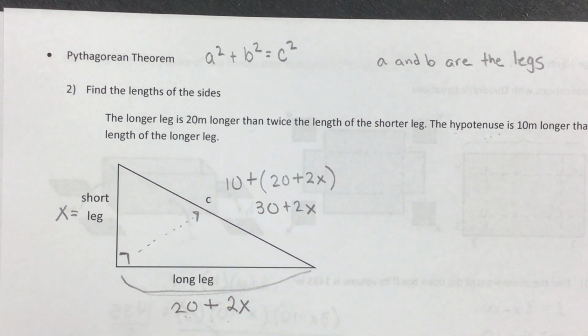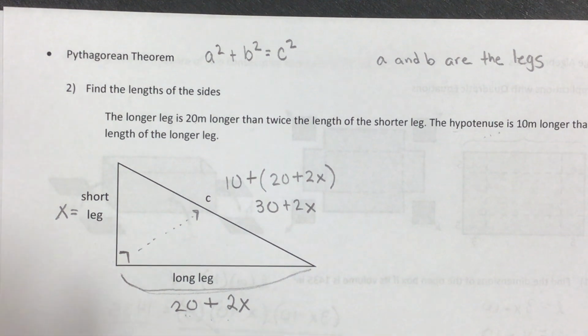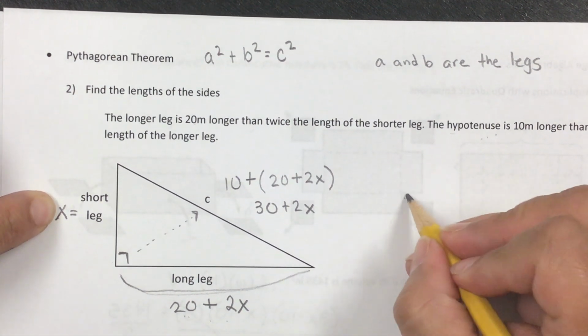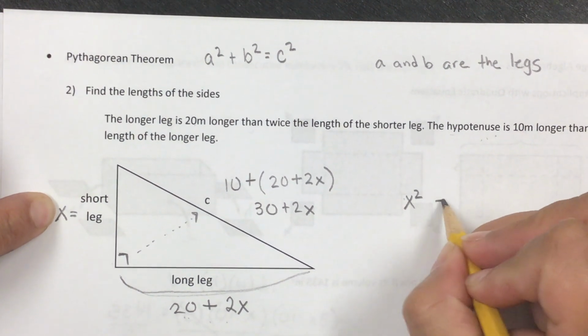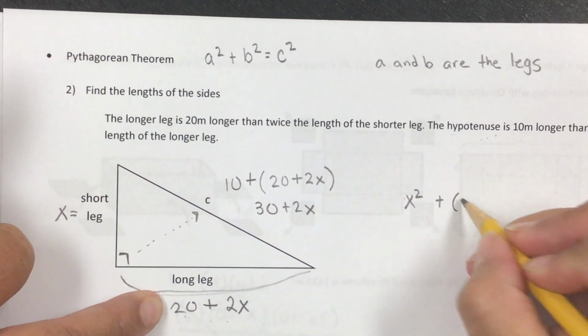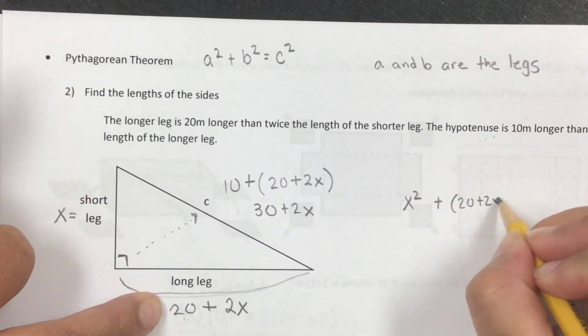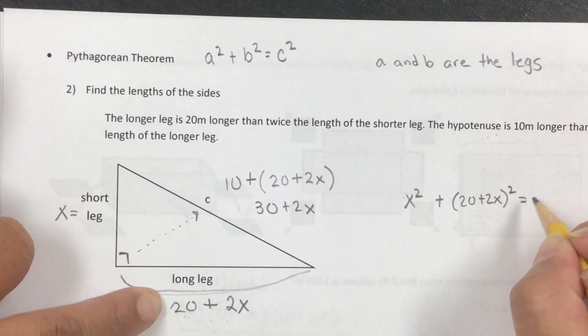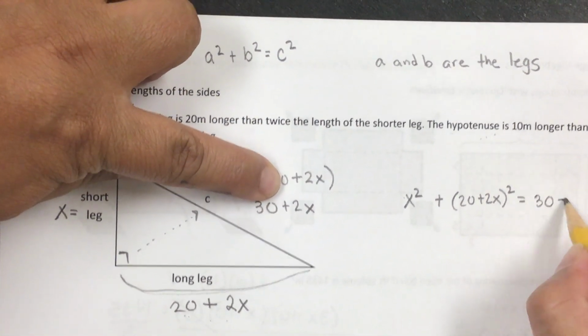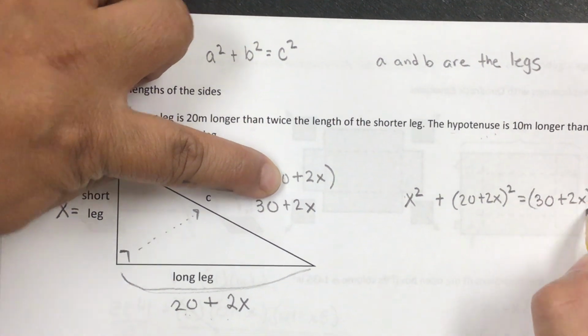And now we're using the Pythagorean theorem to solve for it. That means a squared, which is x squared, plus b squared, 20 plus 2x squared, is equal to c squared, or the hypotenuse squared, 30 plus 2x squared.